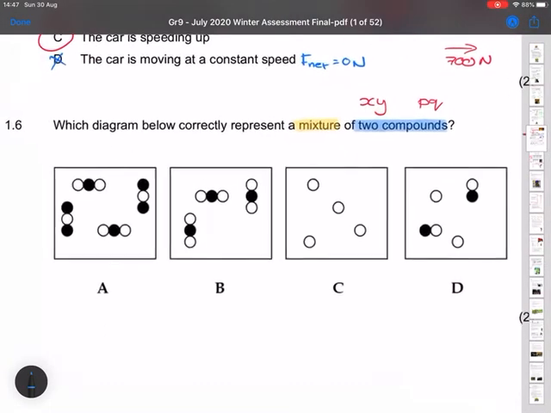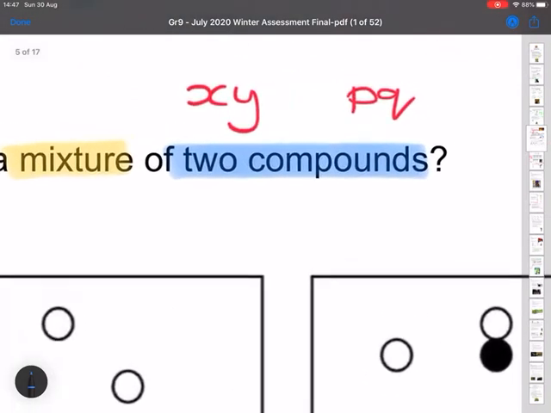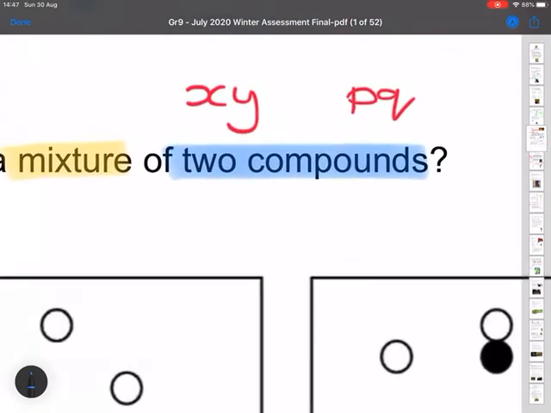All right, now we've got a question that asks which diagram represents a mixture of two compounds. So a compound is two or more different chemical elements that are chemically bonded together. So you could have elements X and Y, and elements P and Q, chemically bonded. They are different.